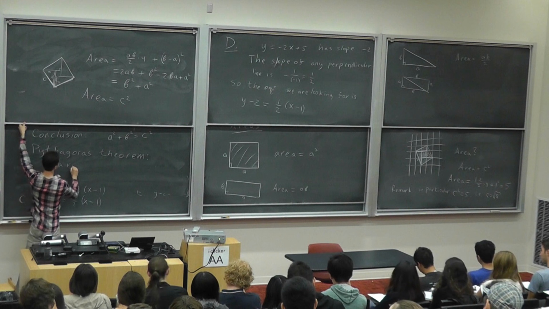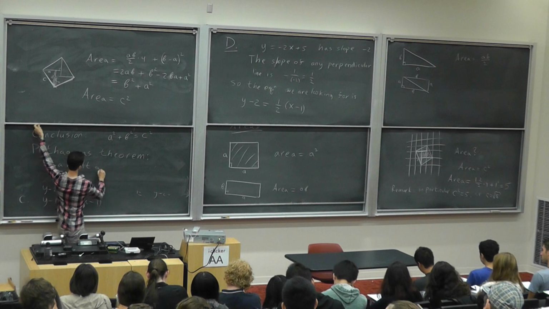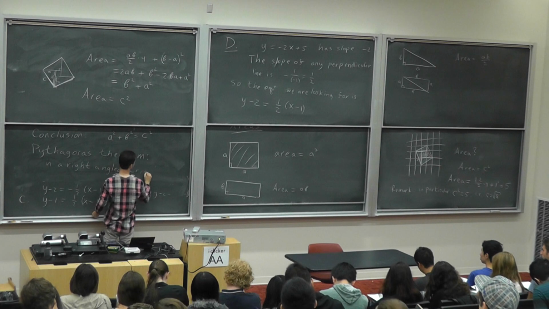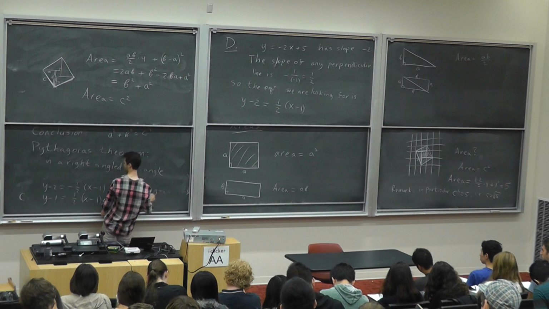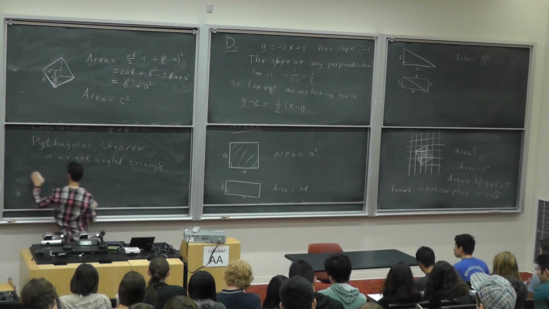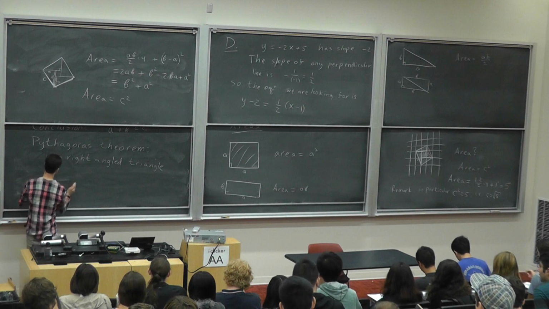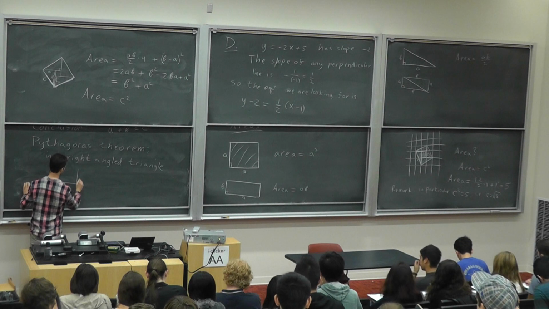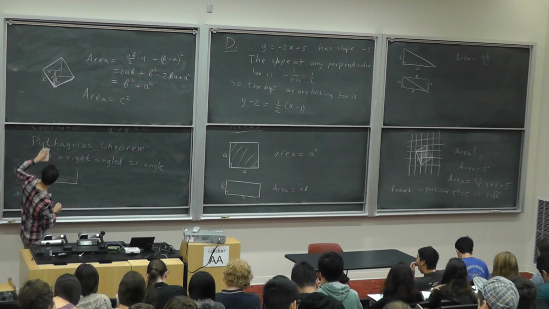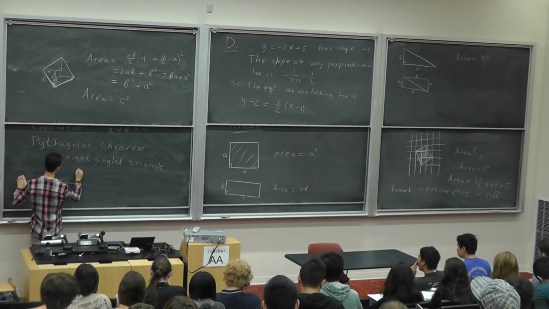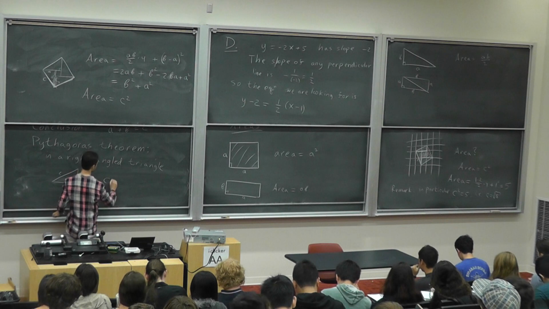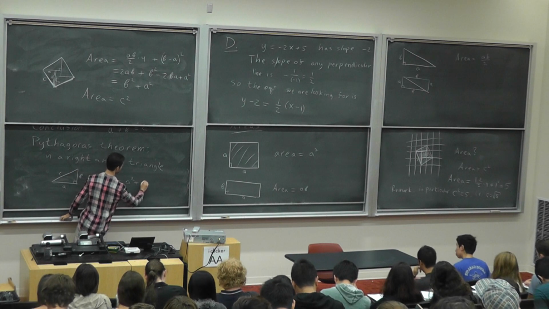In a right angle triangle. And then we draw some kind of triangle. Consistent with that picture, that will be A, that will be B, that will be C. C squared is A squared plus B squared.